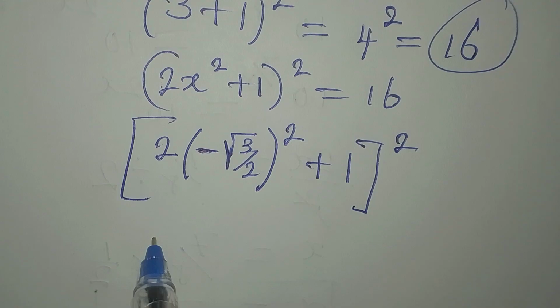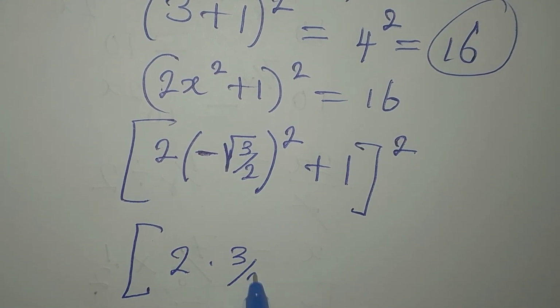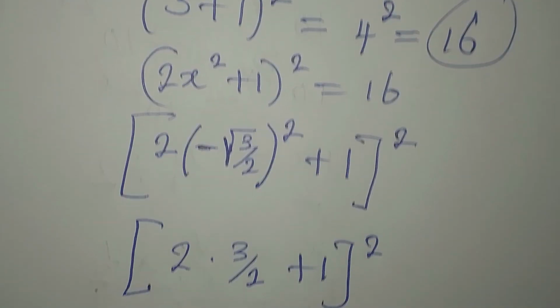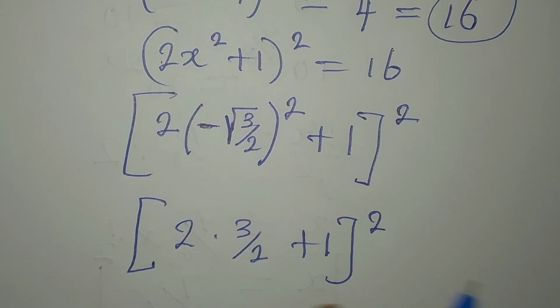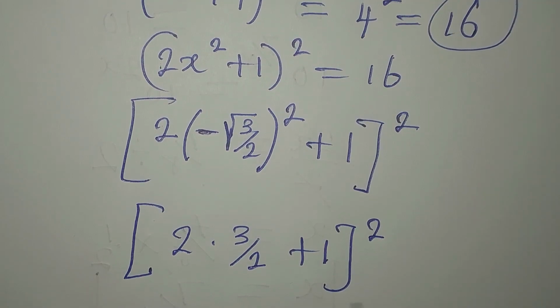So this will give us the same 2 multiplied by 3/2 plus 1. This will be squared. And if you can recall, there was a point we had this same expression in the first root that we used. So this means that most definitely this will still give us 16.